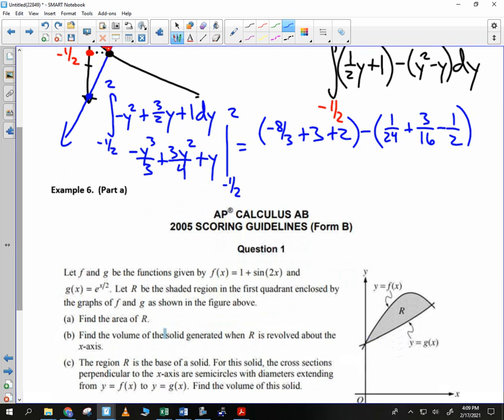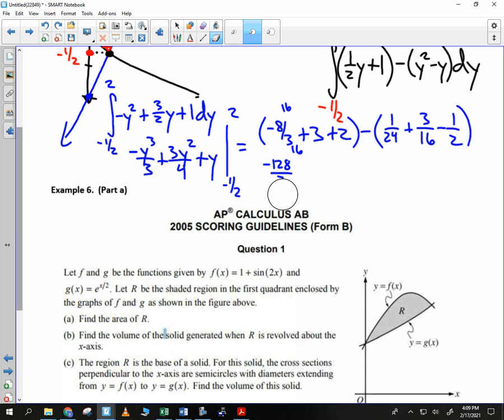All right, let's just find a common denominator. Everything multiplies to, let's see, I'm going to say 48 on this one. So I'll multiply top and bottom by 16. So 8 times 16 is going to be 128. Negative 128 over 48, plus, whoops, sorry.